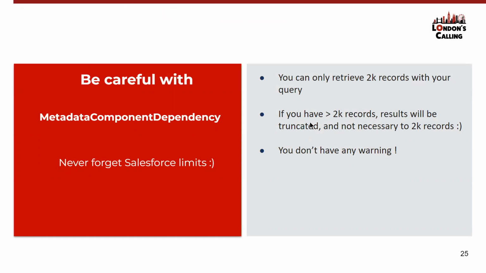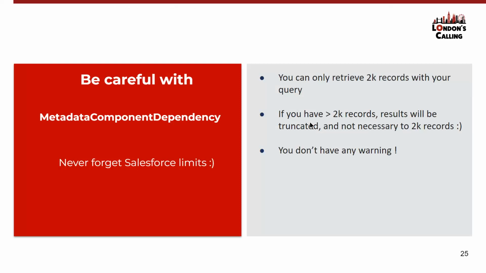So it means that most of the time you have 1,300 records or 1,070, 12 records. You have the impression you have all the records, but in fact you don't. Salesforce has done a truncate, and after the truncate it tries to bring a homogeneous result, which does not contain the 2,000 limit records it should provide you.